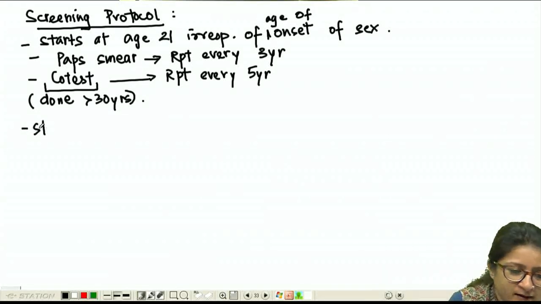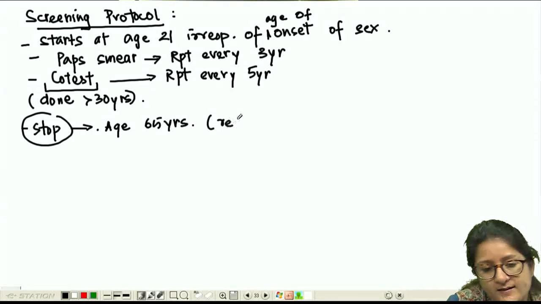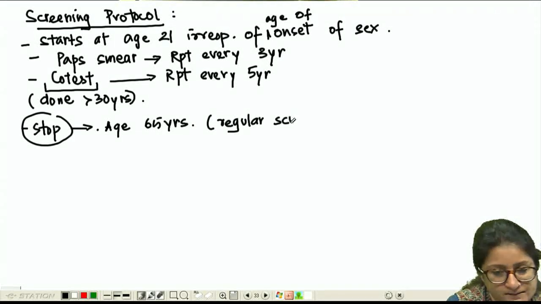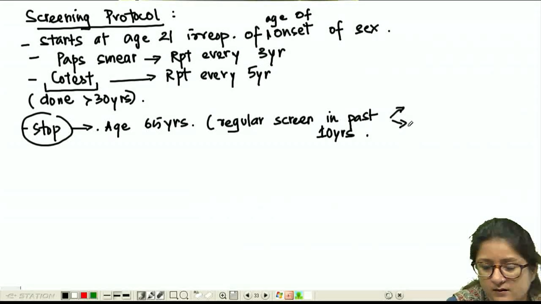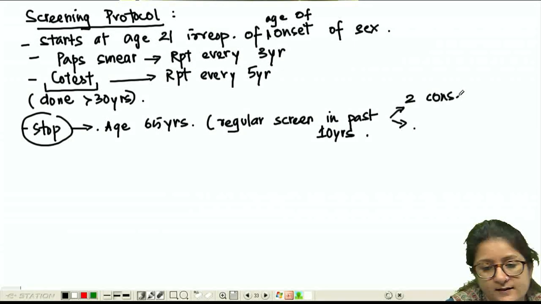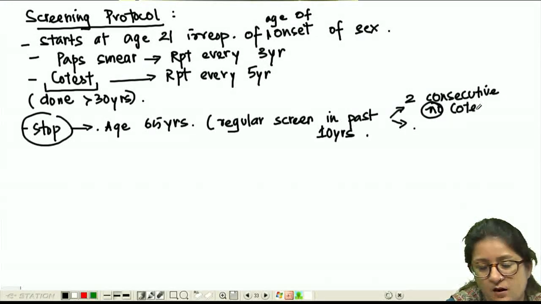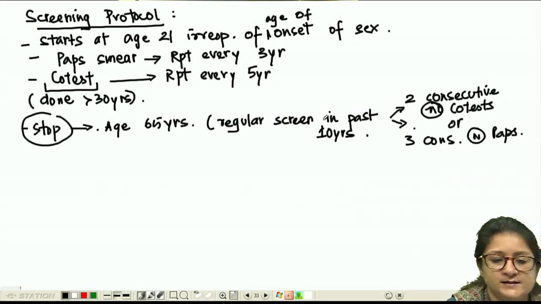Other important point is when to stop screening. We stop screening at the age of 65 years if there has been regular screening in the past 10 years. That regular screening in the past 10 years would mean two consecutive normal co-tests or 3 consecutive normal PAPs. That would mean the same thing.